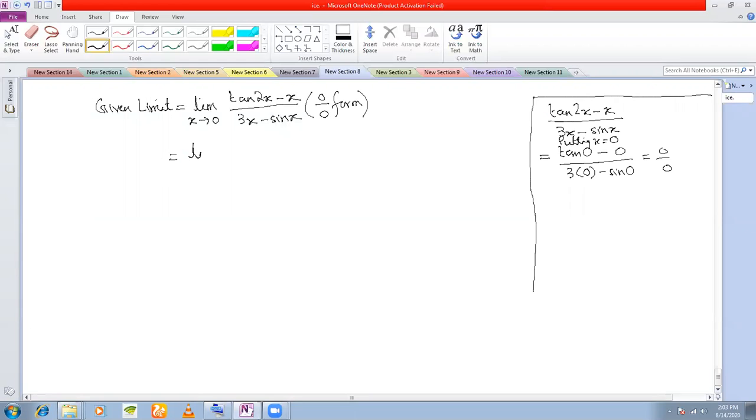Now we'll differentiate ddx of tan 2x minus x, over ddx of 3x minus sin x. L'Hospital's rule.